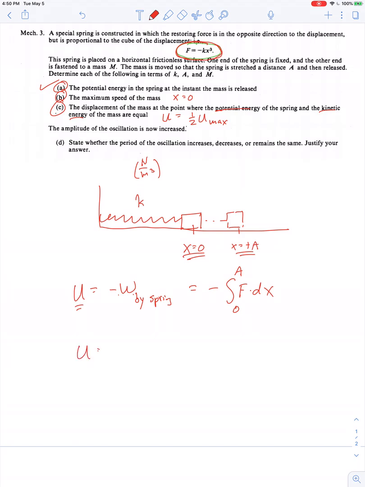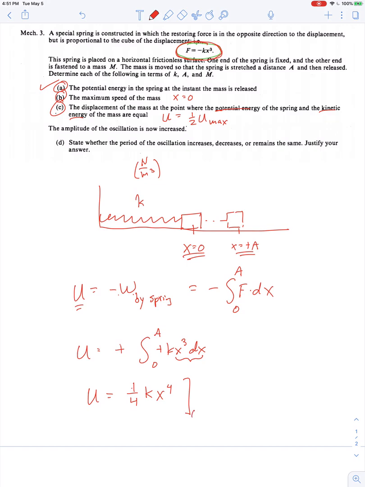So the potential energy must be the negative of the integral of negative kx cubed dx evaluated from 0 to A. The negative signs cancel out, and our potential energy is, well, think of the integral as the antiderivative, and you can see pretty easily our potential energy is going to be 1/4 k x to the 4th.